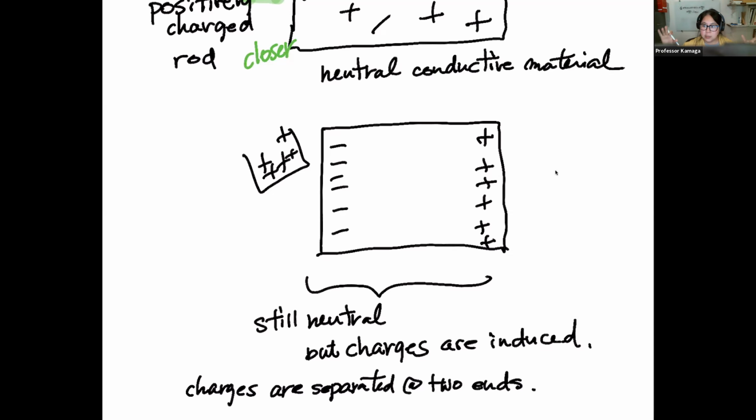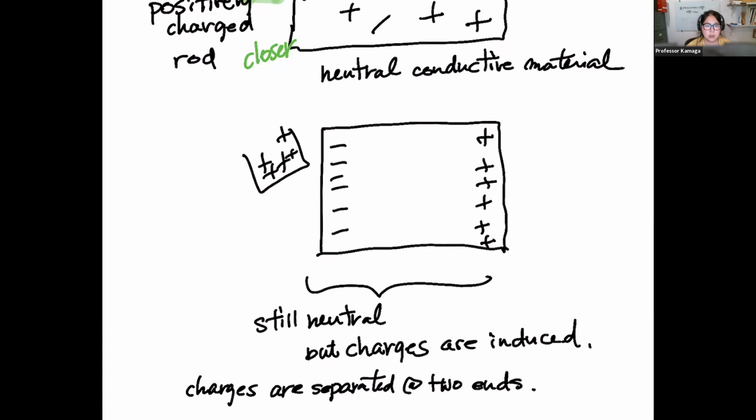So overall it's still neutral, but you have a minus on one side and a positive on one side. If this piece of metal is very, very light, then it may get attracted and it goes in.